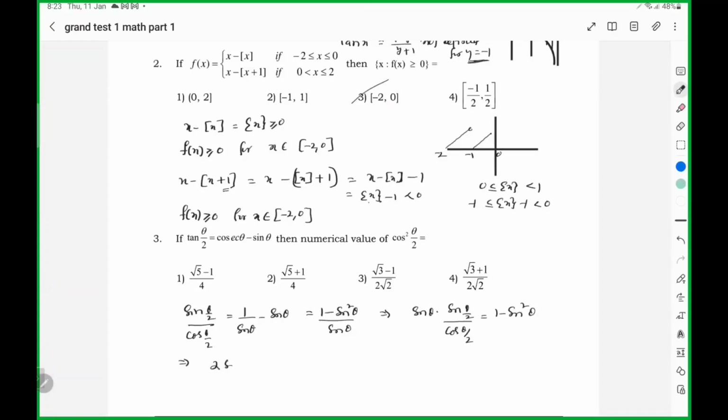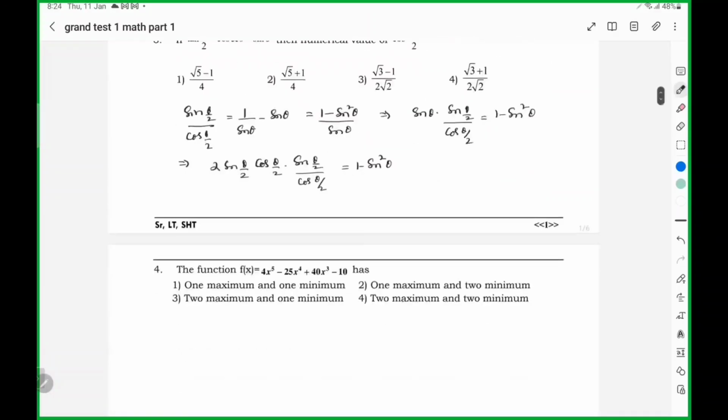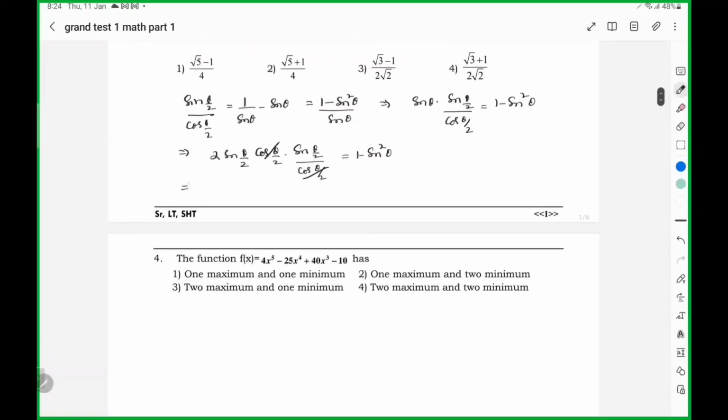Here we get, this gets cancelled out. 1 minus cos theta is 1 minus sine square theta.